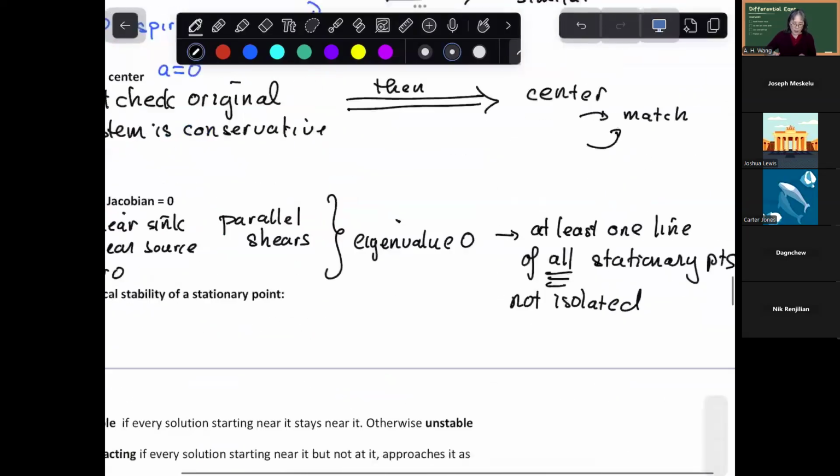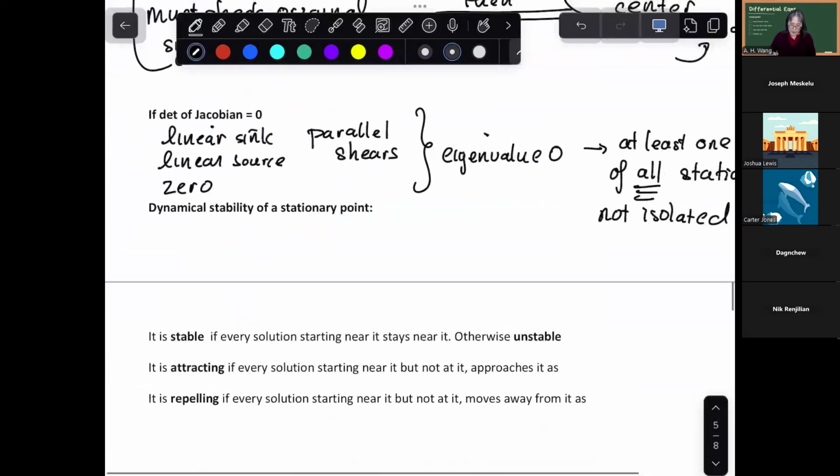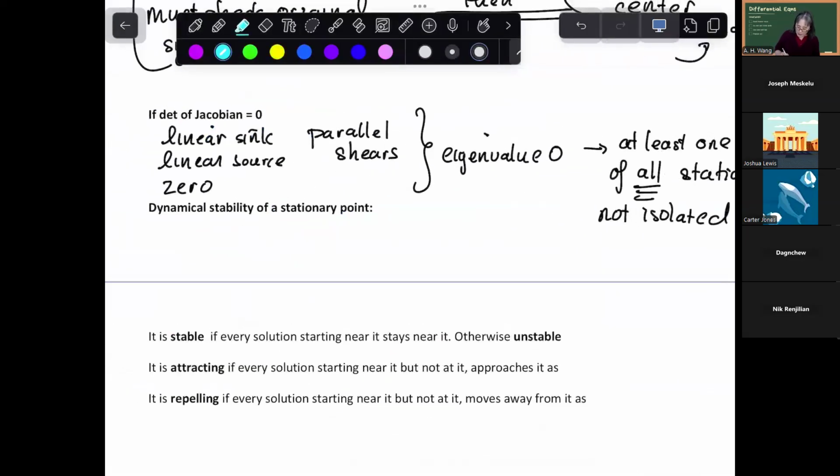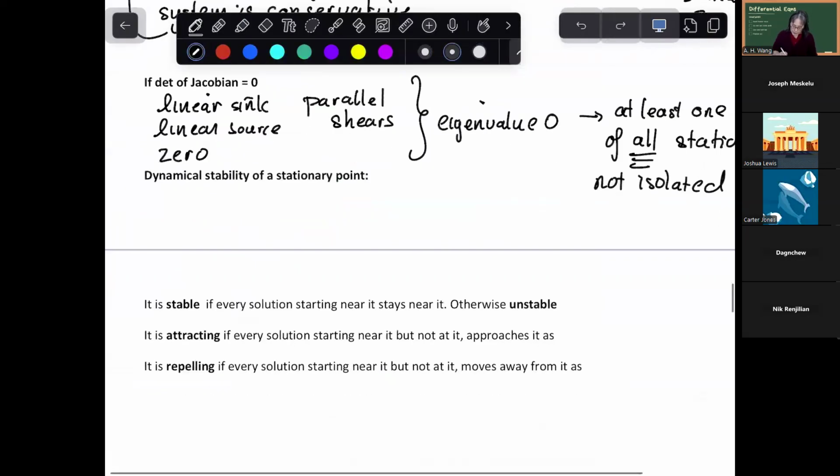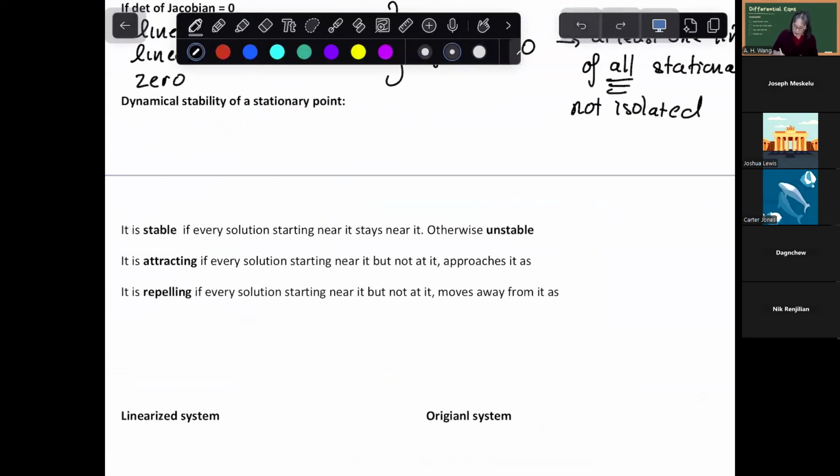Once you have this, you then worry about stability. So you always have to do a stability analysis of your stationary points. Real quick, it's stable if every solution starting near it stays near it, otherwise it's unstable. It is attracting if every solution that starts near it, but not at it, approaches it as you run time forward.